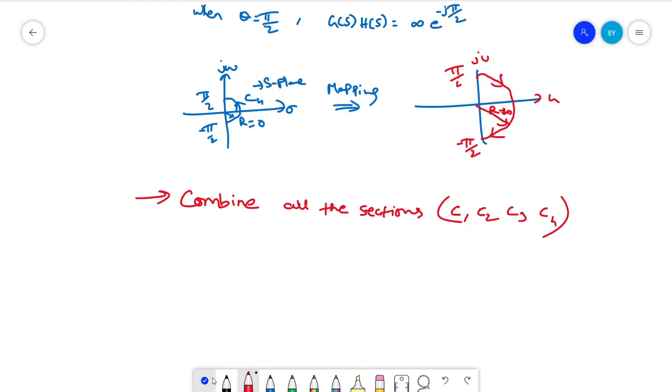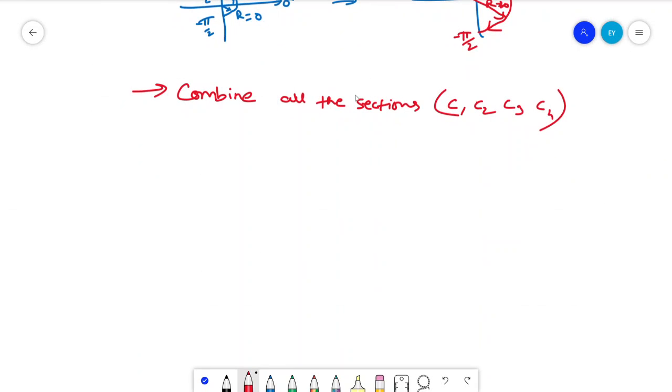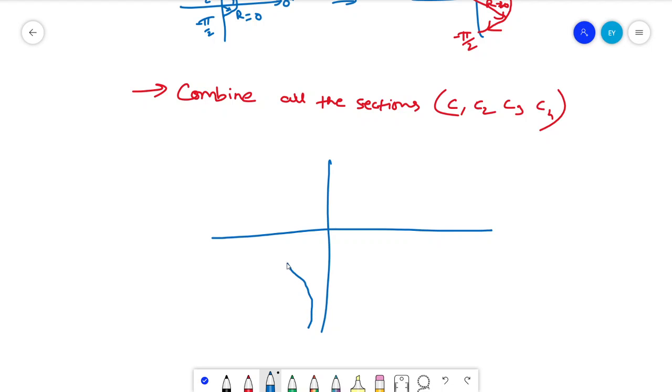For C1, what we got is it starts at minus 90, goes to this point and ends up at minus 270, right? I'll just stop it here and continue the next plot. This is for C1.